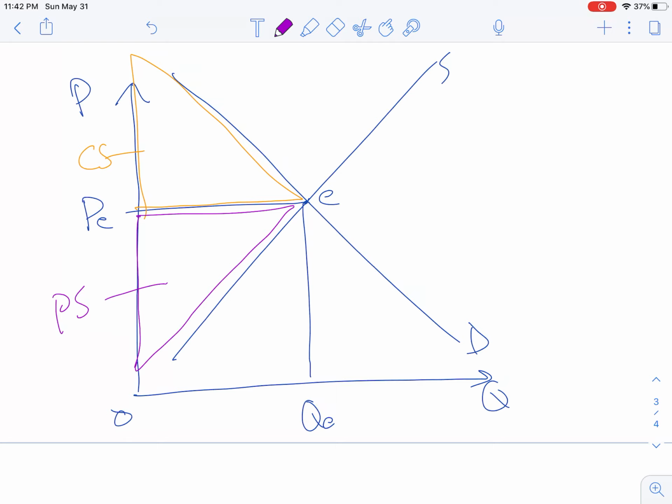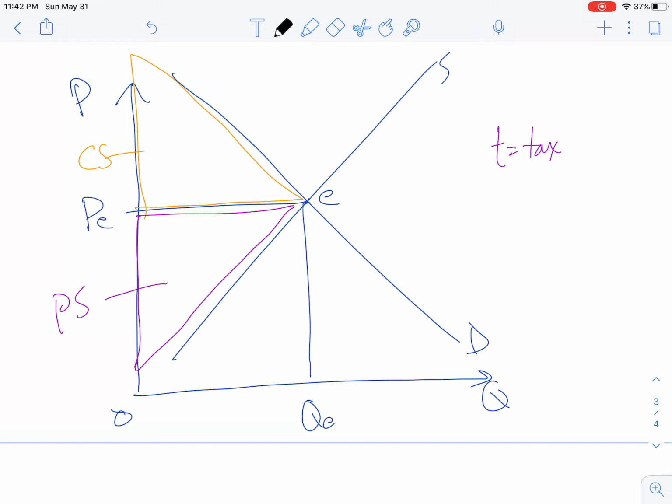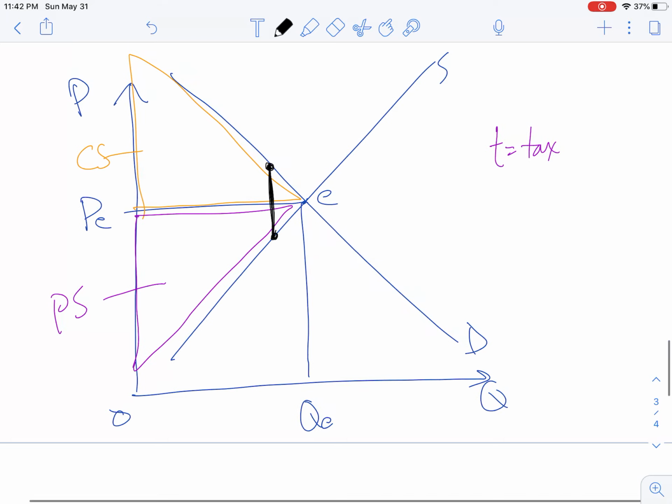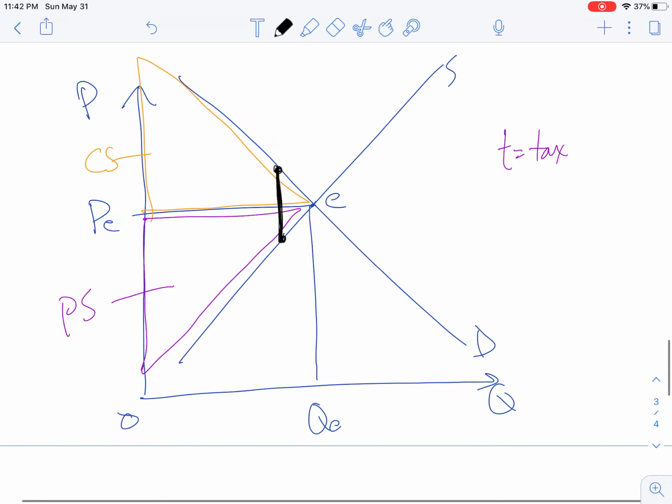For producer surplus down here. And if we're going to impose a tax, if we're going to wedge a tax in here, should have used a different color. If we're going to wedge a tax in here, that's this big. Sometimes people call this the tax wedge, because however big your tax is, you're just going to slide it from the left to the right towards equilibrium until it just bridges this distance, right, between the supply curve and the demand curve.